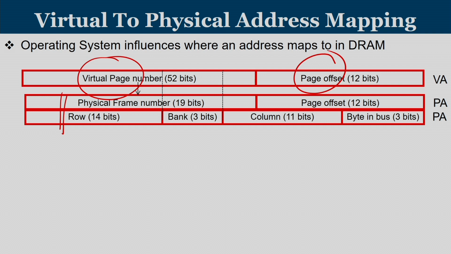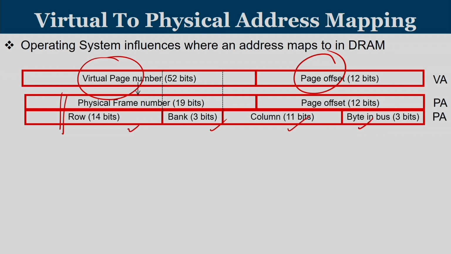Here we are talking about a physical frame number of 19 followed by an offset of 12. That means 19 plus 12, we have 31 bits of address. That means we have 2 GB of physical memory available. And it is this physical address that we divide into rows, columns, banks, and many other things that we have seen already in the DRAM structure.